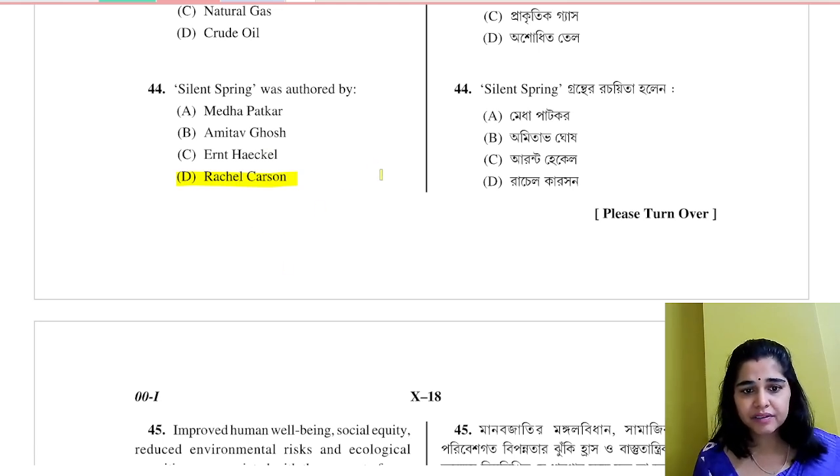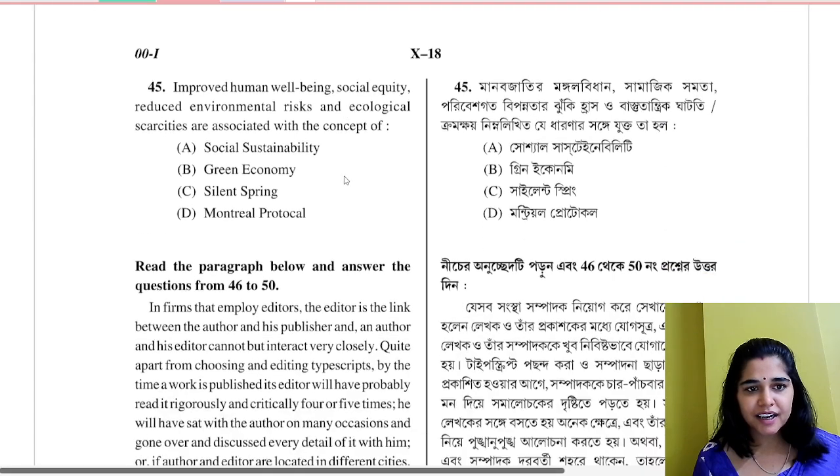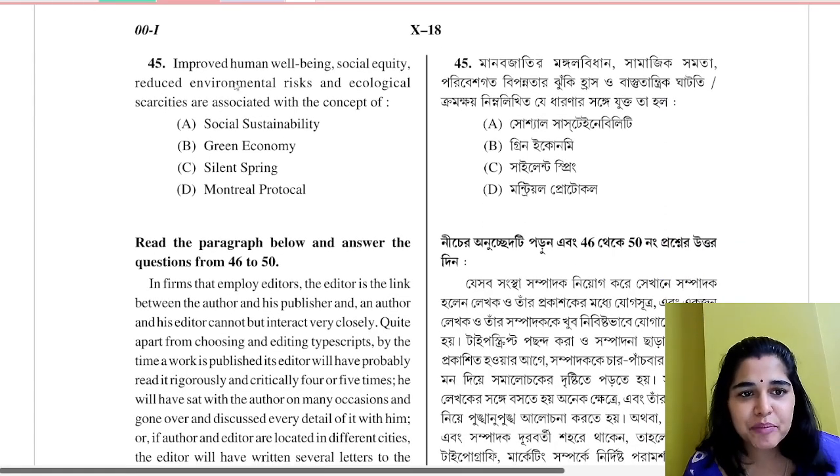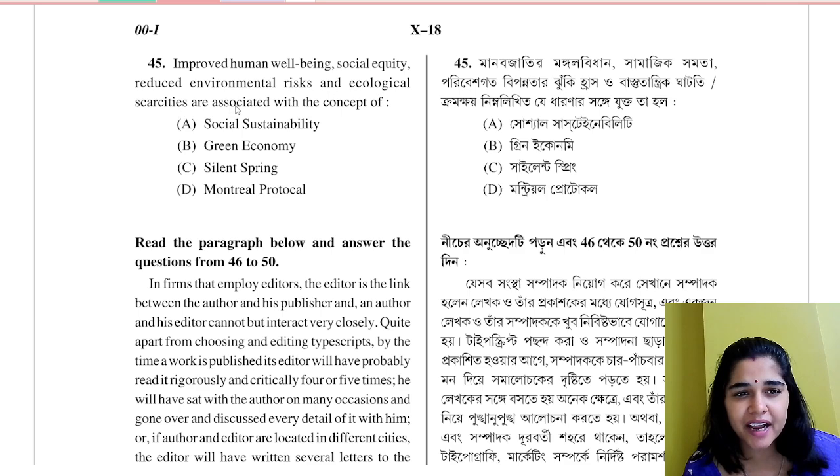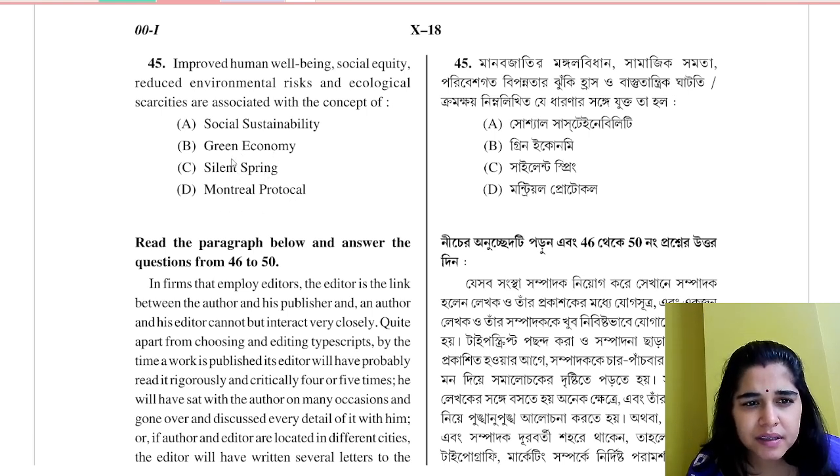So now we are at, I think, question 45. Improved human well-being, social equity, reduced environmental risk, and ecological scarcities are associated with which concept: social sustainability, green economy, Silent Spring, Montreal Protocol?